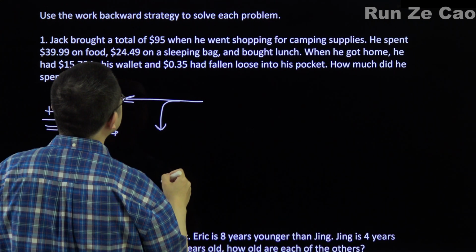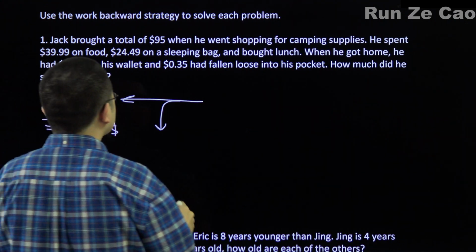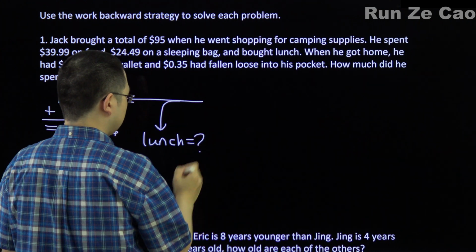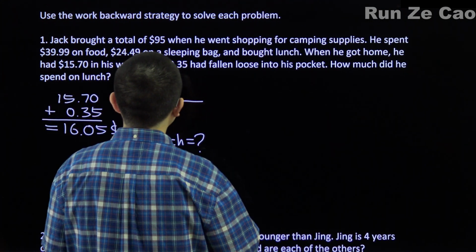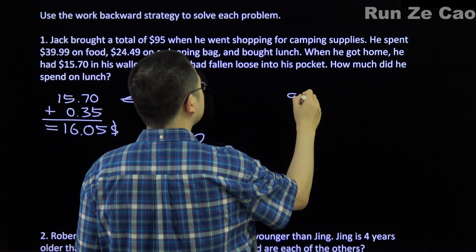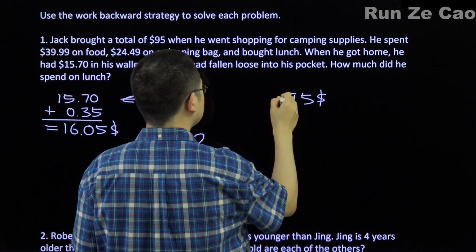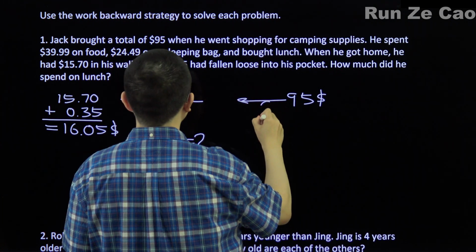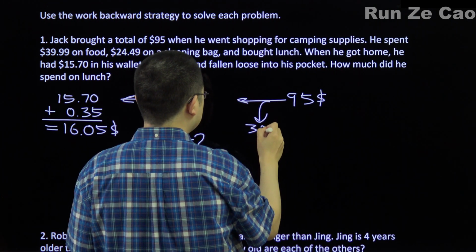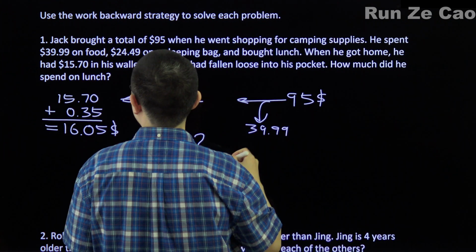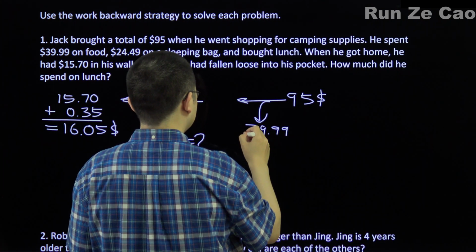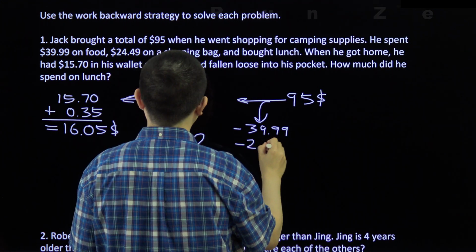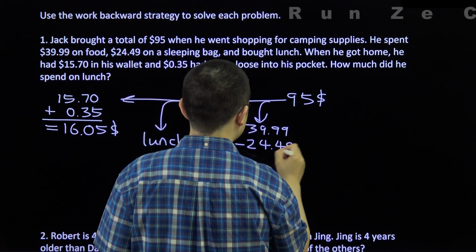So he bought lunch. How many dollars? We don't know. And he had $95 beginning. And he spent $39.99 on food minus $24.49.